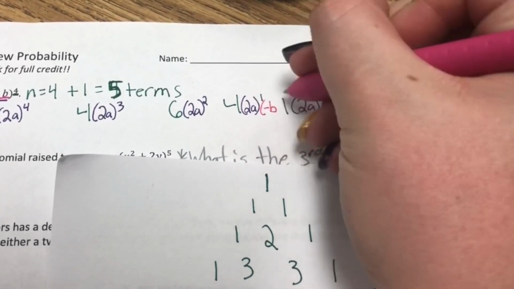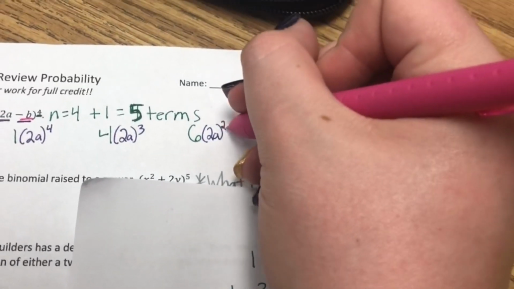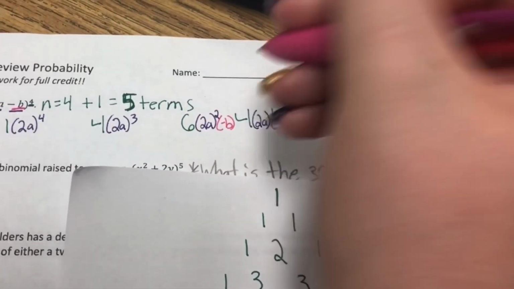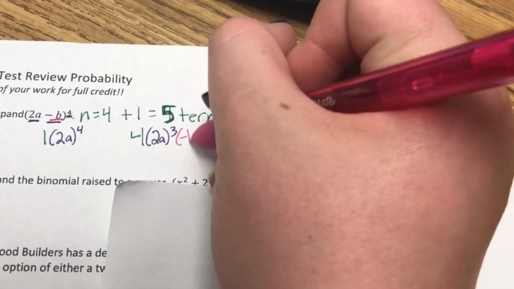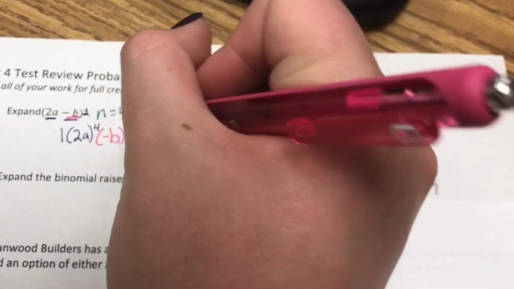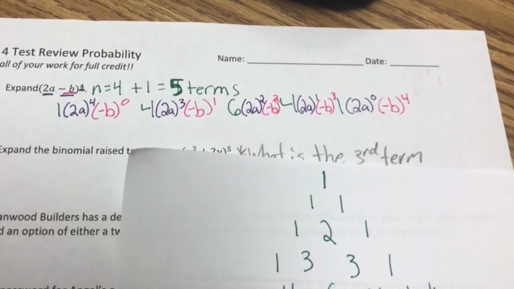So the next one, you'll have negative b to the 3rd power, negative b to the 2nd, negative b to the 1st, and negative b to the 0 power. And then you can come in and simplify.